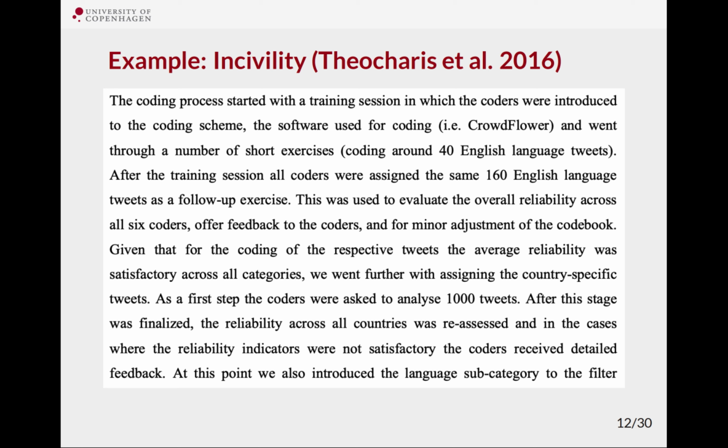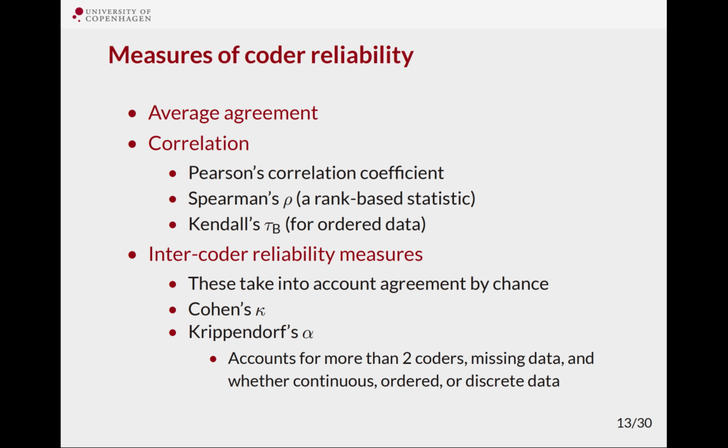And your hope is that there's a pretty high level of agreement. So if I were to code a specific tweet and you were to code the exact same tweet, hopefully we would agree that it is civil, or hopefully we would agree that it is uncivil. Because if there is a lot of variation there, if they're uncorrelated, that would be pretty bad, because that would mean that there's quite a lot of measurement error.